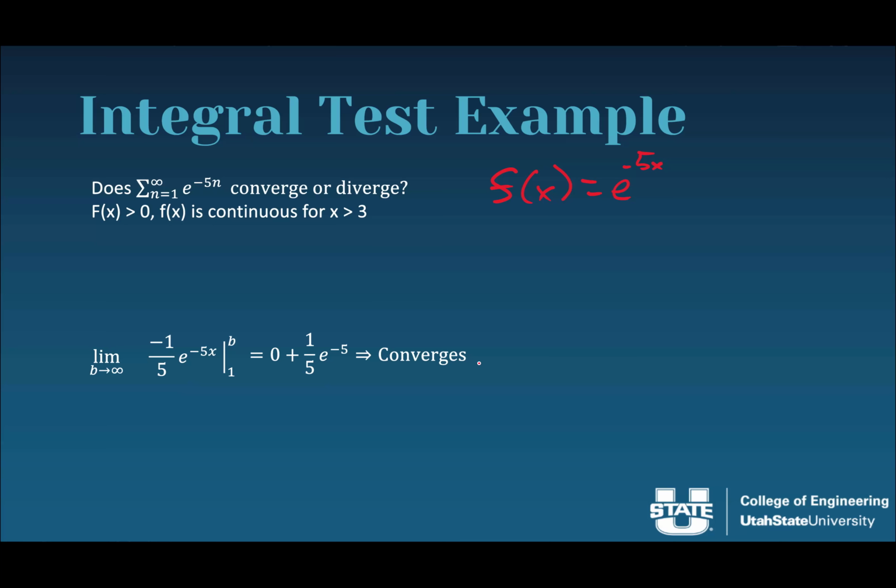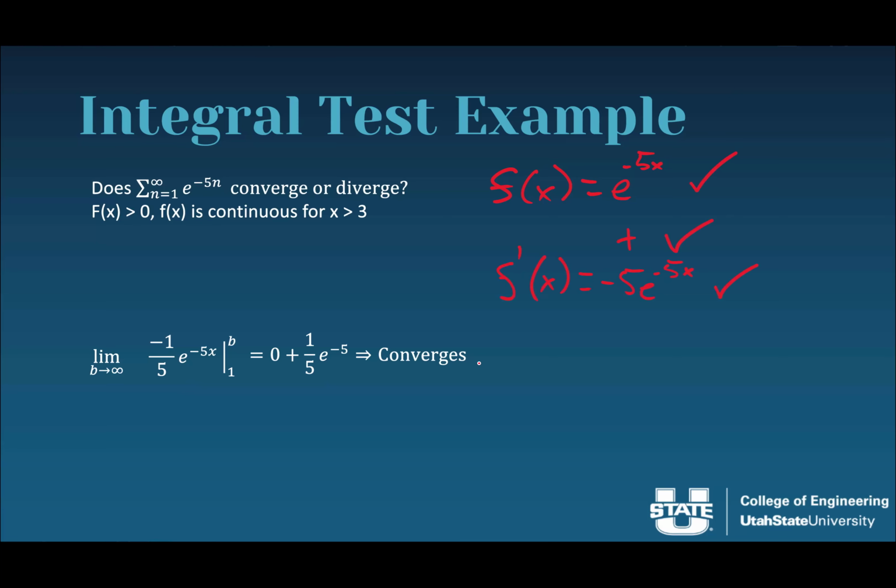So I check, is it continuous? Because we're going from 1 to infinity, it's continuous there. Is it positive? Yes, it's positive. And then my derivative of f of x would be equal to negative 5 e to the negative 5x, which is negative, which means that it's decreasing. Perfect. This means I can use the integral test.